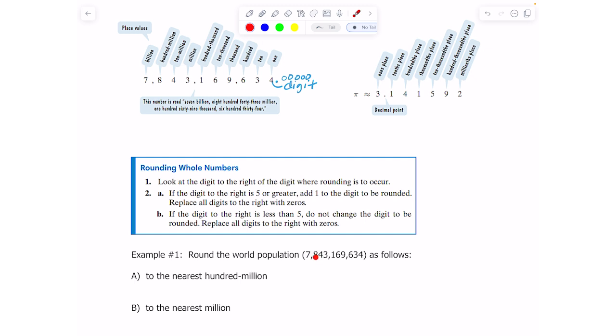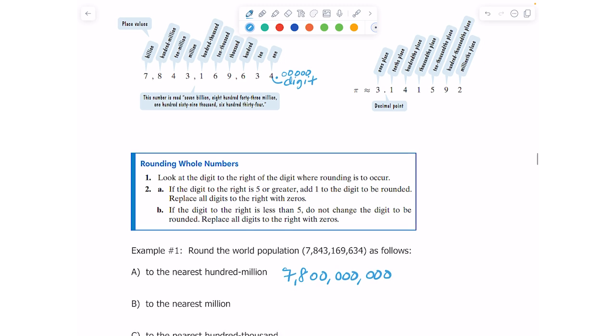So I need to look at the 8, okay? I'm going to look at the number to the right of it. So that means I'm going to look at the 4. Since it's less than 5, I'm just going to leave it a 4, and I'm going to replace all the other digits to the right with zeros. So I'm going to just write down the 7 and the 8, and then remember all the other digits are going to turn to zeros. So that's how we would round the world population to the nearest 100 million.